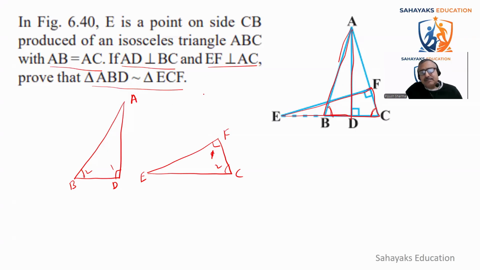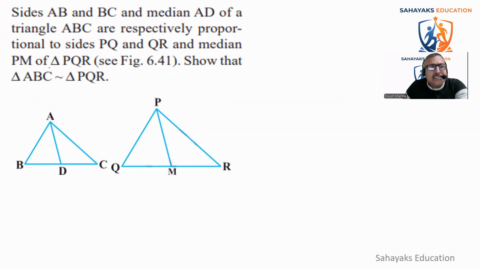So this is proved. Pretty simple, by AA similarity. Okay. So this question states that sides AB, BC, and median AD of a triangle ABC are respectively proportional to sides PQ, QR, and the median PM of triangle PQR.